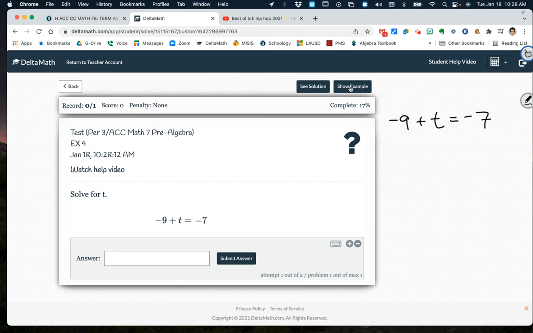Think about how we're going to isolate that. Another way to do it, you can use a number line because you want to get from negative 9 to negative 7. And you just have to figure out the missing number, which is 2. Because negative 9 plus 2 doesn't make sense.